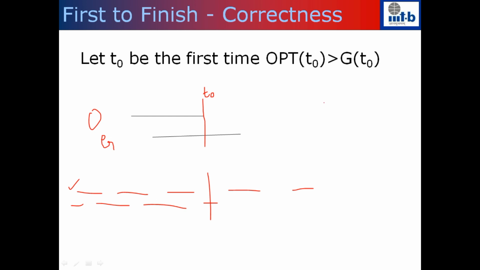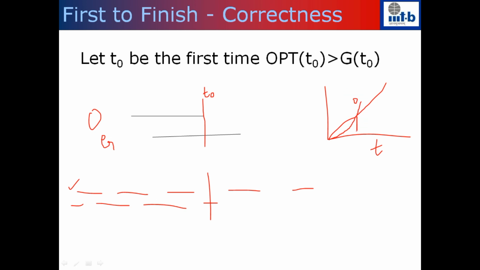To give an analogy, you can draw the curve, right? So this is the time and this is the number of jobs completed by the greedy algorithm. Let's say that the graph could look something like this. And what we are saying is that if the optimum has to do more jobs than the greedy algorithm, then at some point of time the number of jobs done by the optimum should be greater than the greedy algorithm.